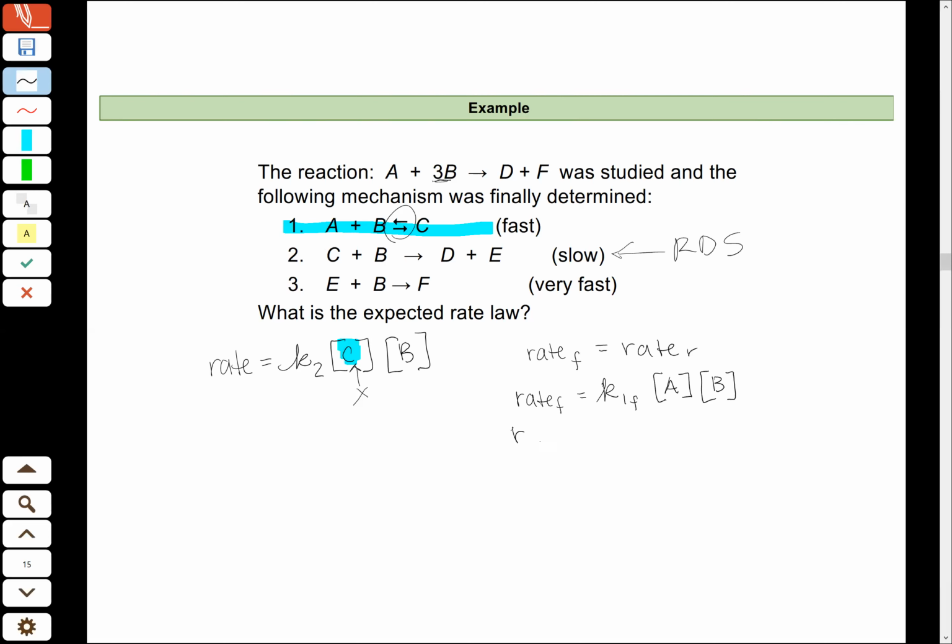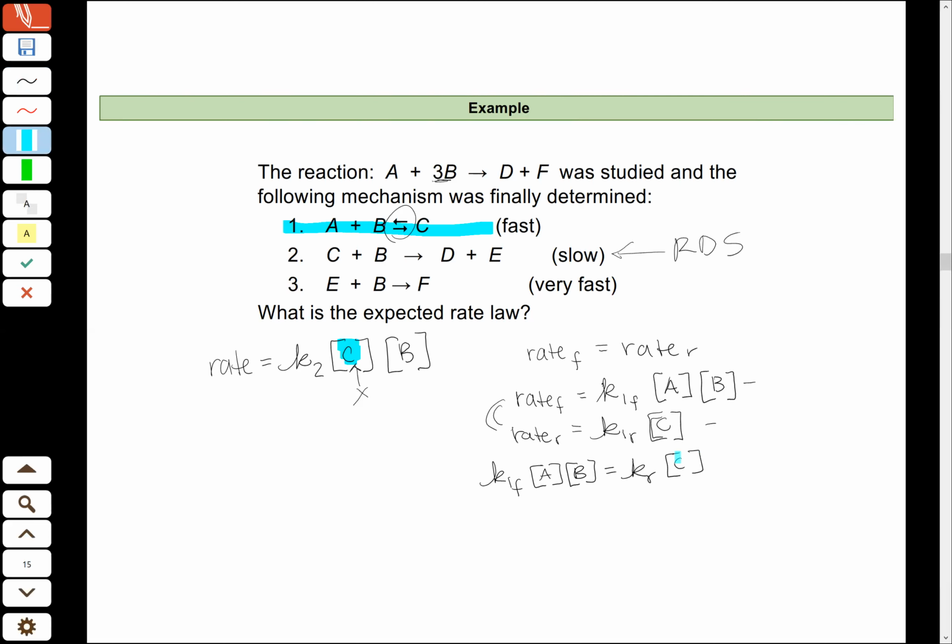And the rate of my reverse reaction is going to be equal to K, the reverse rate law constant for the reverse reaction, times the concentration of C. So now if these are equal to one another, I can set these two equal to one another. So now K1F times the concentration of A times the concentration of B will be equal to that reverse rate law constant times the concentration of C.